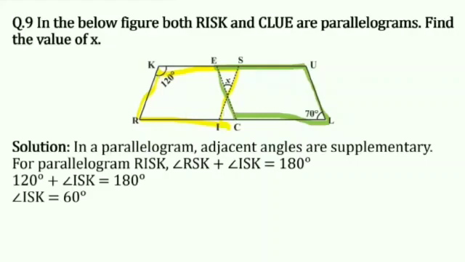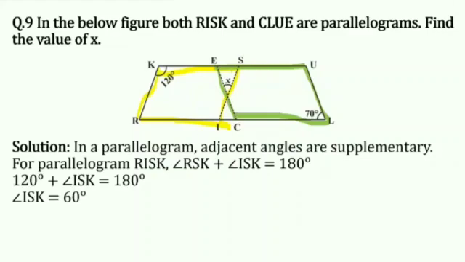Here, this is 120 we are given. So the adjacent angle we will be using for this parallelogram RISK, angle RKS, or we can write SKR, is equal to 120, and adjacent angle of that is ISK.